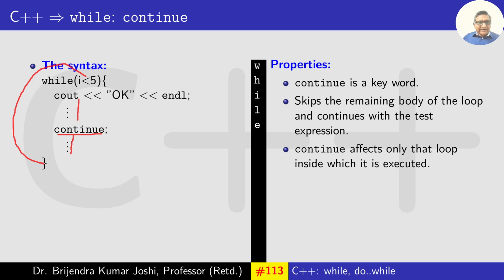If it succeeds, it again enters the loop body, and if it executes continue, again it skips the remaining statements. So again, you cannot make use of continue for any purpose except the one it has been defined for. It skips the remaining body of the loop and continues with the test expression. And just like break, continue affects only that loop inside which it has been executed.